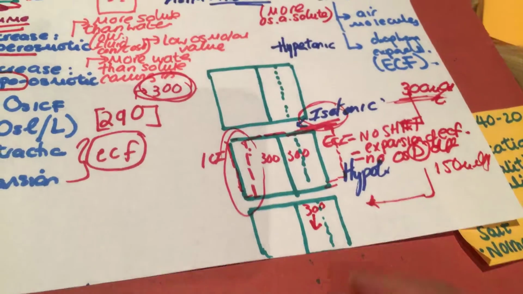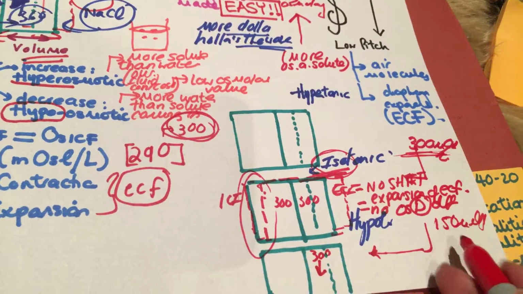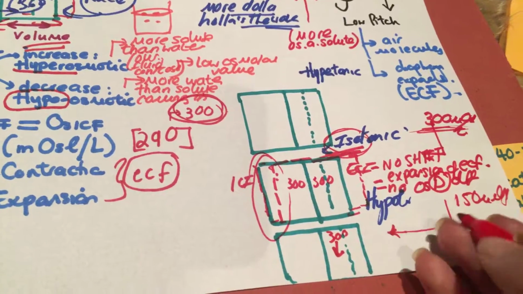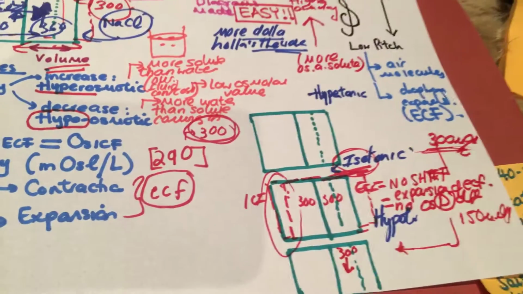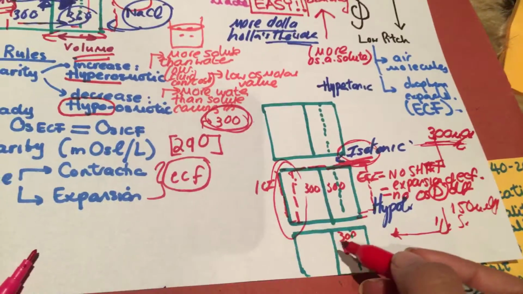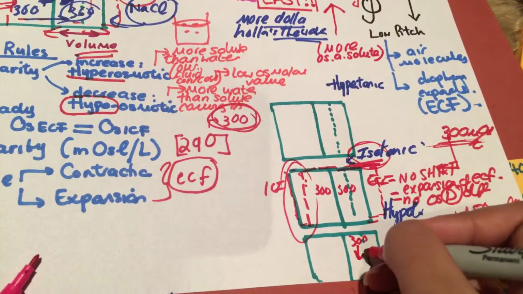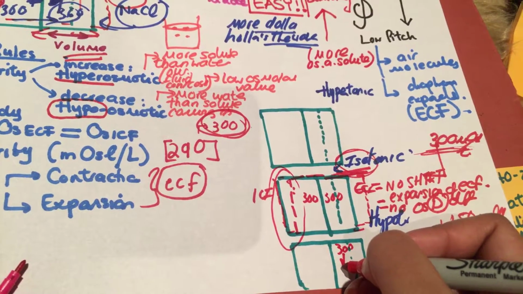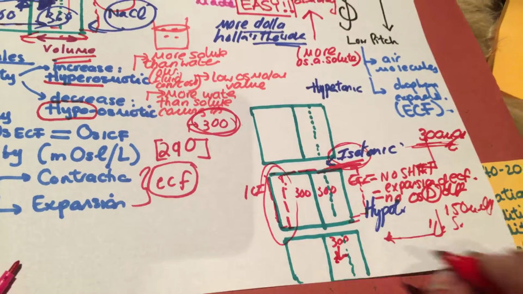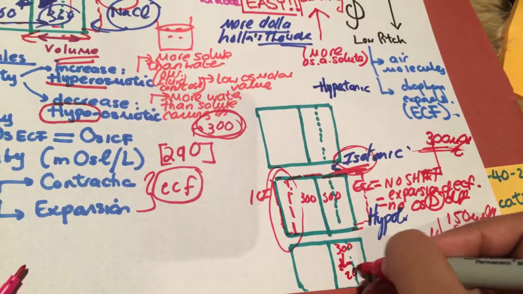The osmolarity is going to decrease because this is not a high osmolarity value, okay? Everything's compared to ours. Because it's 150, which is basically half, this is like a half saline solution. That's going to make the 300 go down, down, down to, let's say, around 200.